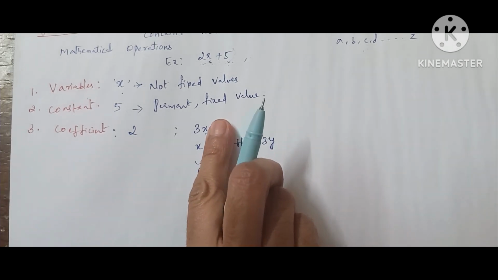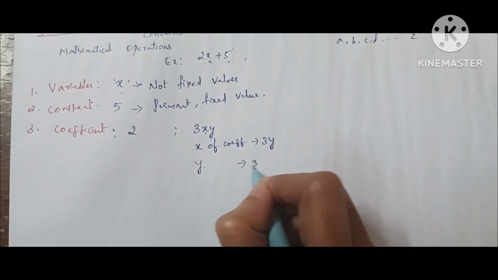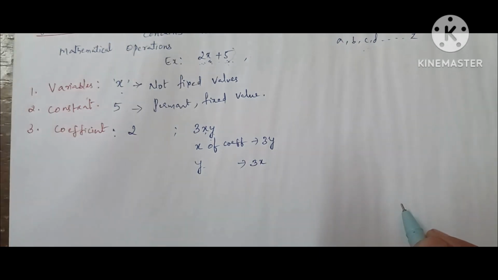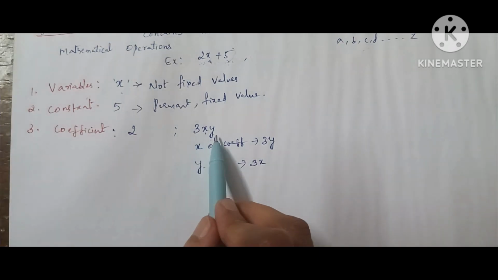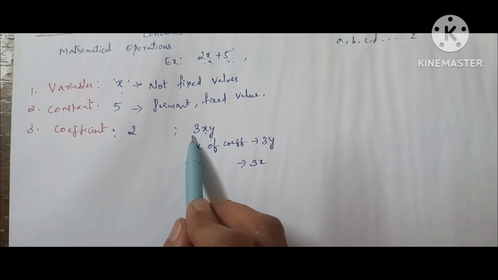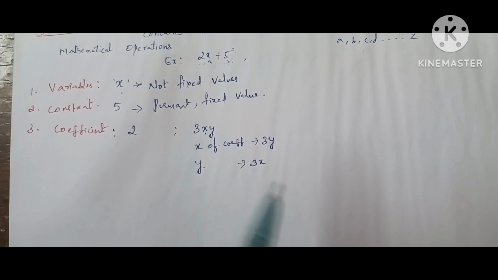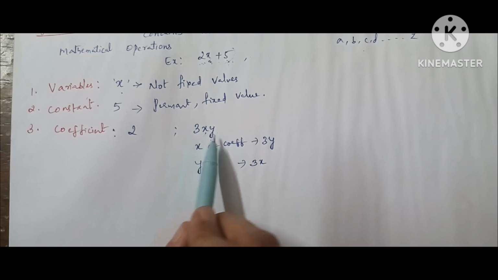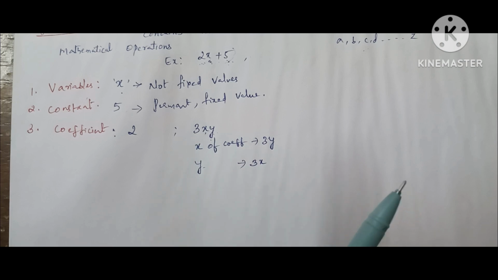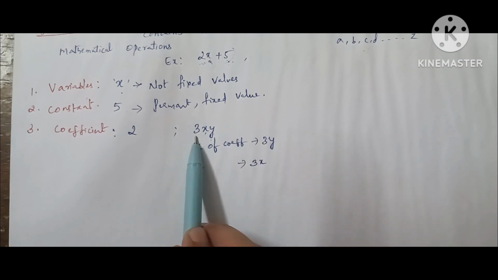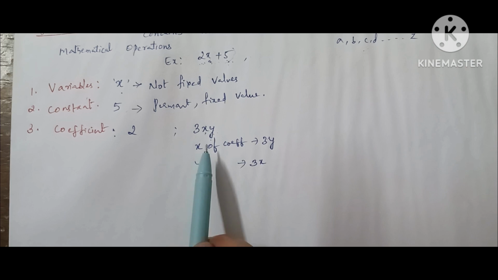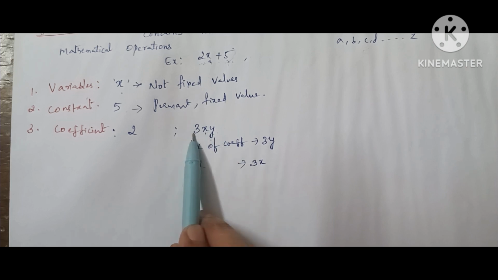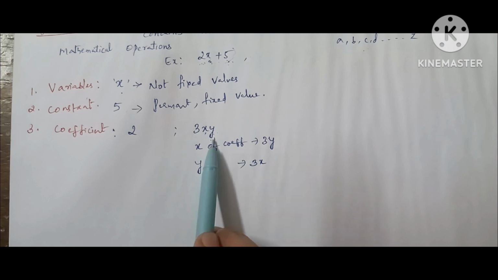Just remove the x and whatever is there is the coefficient, so 3y is the coefficient of x. If they ask the coefficient of y, remove the y and you get 3x. If they ask for the numerical coefficient of 3xy, 3 is the number. This is the difference between the types of coefficient. If they ask only the number, write 3. If they ask the coefficient of x, write 3y. If they ask the coefficient of y, write 3x.